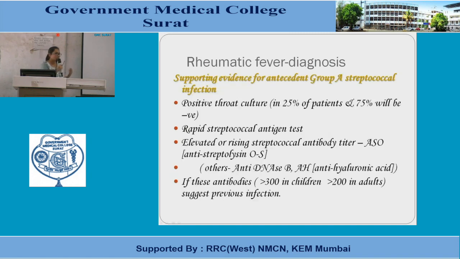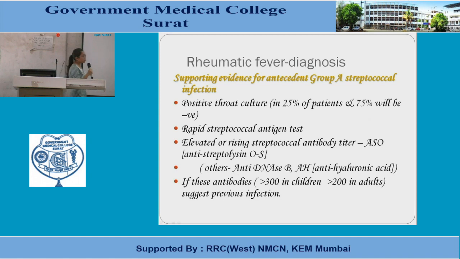Some of the other supporting evidence of the streptococcal infection are positive throat culture, rapid streptococcal antigen test, and elevated streptococcal antibody titer, that is anti-streptolysin O, S, DNase, and hyaluronidase.